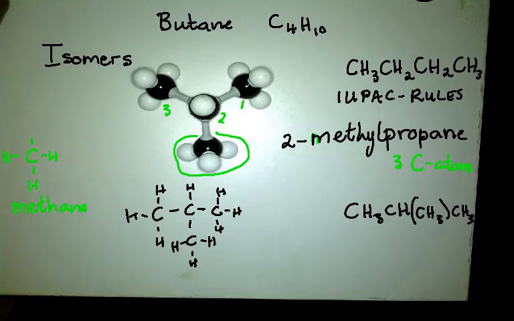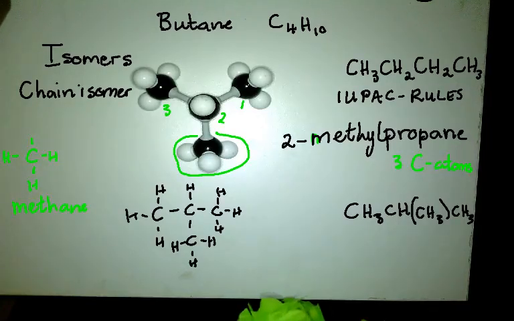Now, because the length of the chain changed here, this is a chain isomer of butane. Good. Let's clear this board and go to pentane.